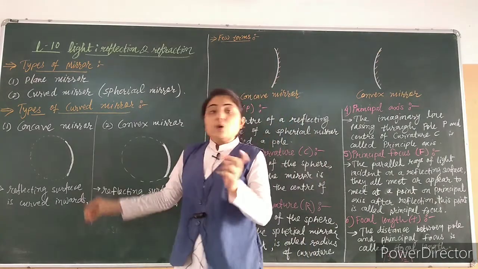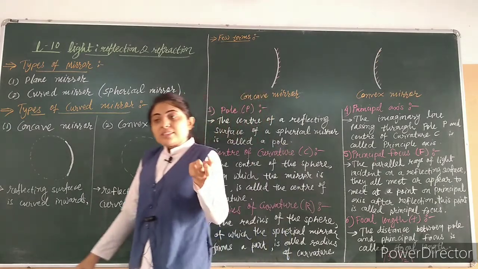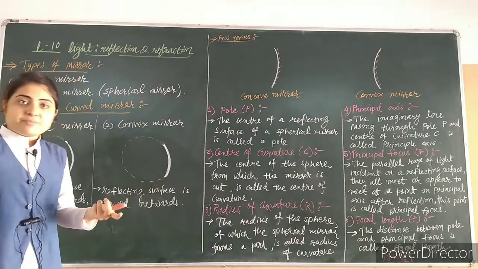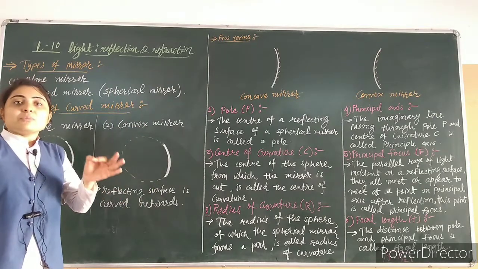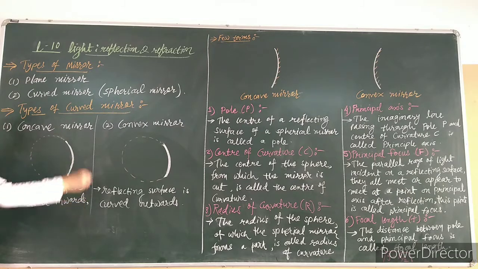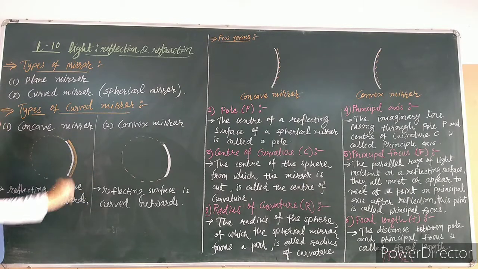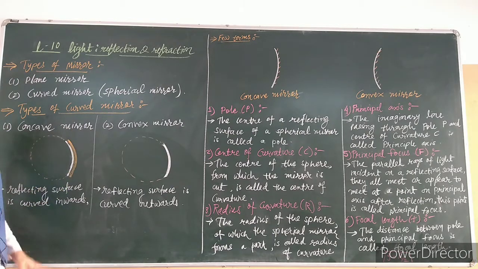Now the point is, which side do we coat? Based on the side we coat, the curved mirror is of two types. First one, if we shade the mirror from outside, the back side of the mirror is shaded or coated.